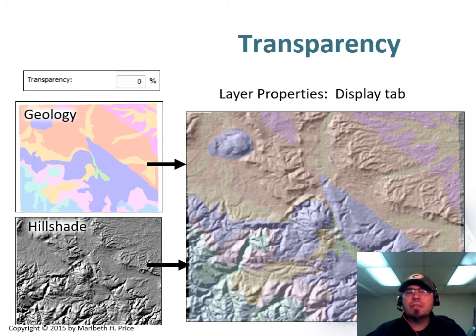It uses the elevation of an area, combined with the angle of the sun, to give you a shadow effect, that ruggedness. And so we could make the geology layer, which is on top, partially see-through, so you get sort of the best of both worlds. You can still see the colors of the geology combined with the ruggedness of the terrain.